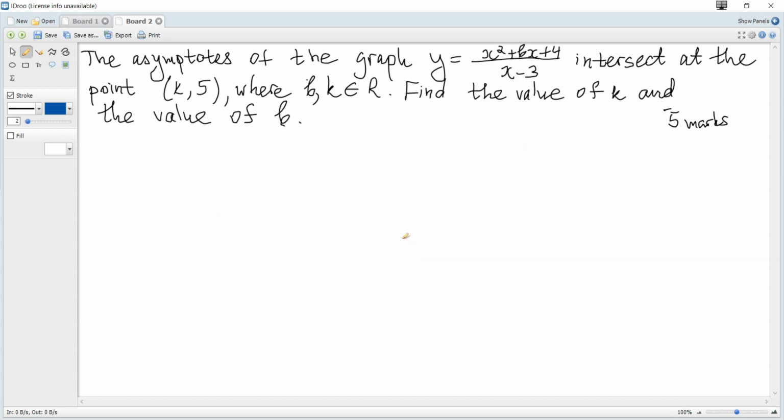Another way is to try to make the numerator a multiple of the denominator.